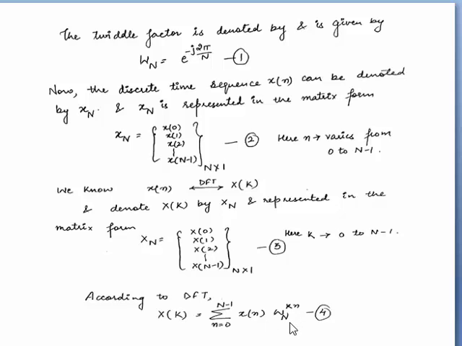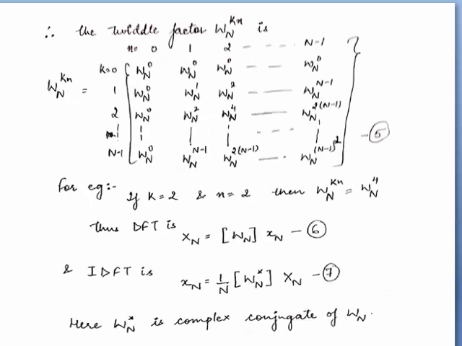So we can also represent the twiddle factor in matrix form. To represent it in matrix form, remember the range of k and n. The range of k is 0 to N minus 1, and the range of n is also the same, 0 to N minus 1. So this is the matrix form representation of the twiddle factor.